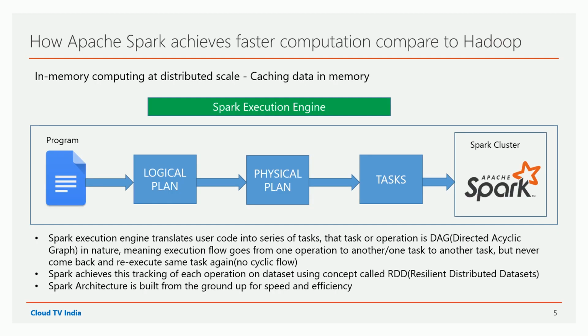We saw how Spark achieves fast computation: it uses in-memory computation, and also the Spark execution engine, which runs your job efficiently on the Spark cluster by creating a logical plan and physical plan, generating a series of tasks in a DAG manner, and running the tasks in your Spark cluster in parallel.